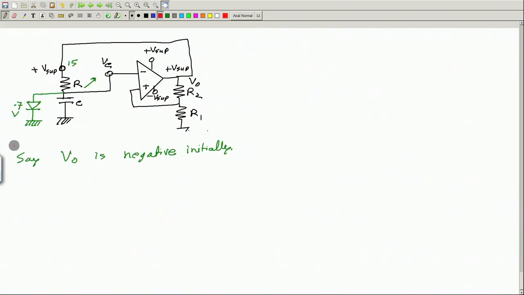And this is case 2 where we start with the assumption that the output Vo is negative somehow, anyhow. Then what will happen? Then this is negative. So, then the capacitor will charge to negative voltage, then Vc will go down towards minus V supply.